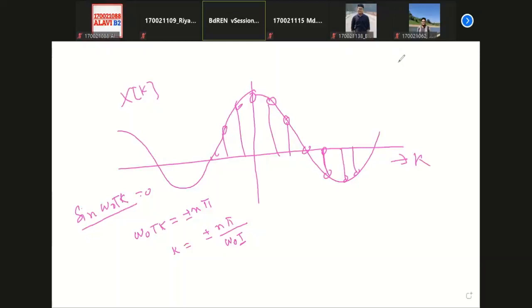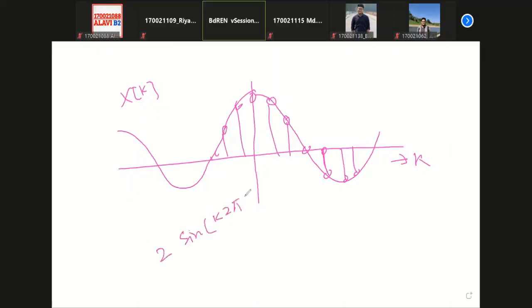It was equal to 2 sine of k 2 pi t0 divided by T, divided by k 2 pi.